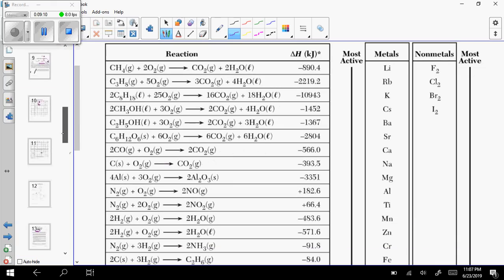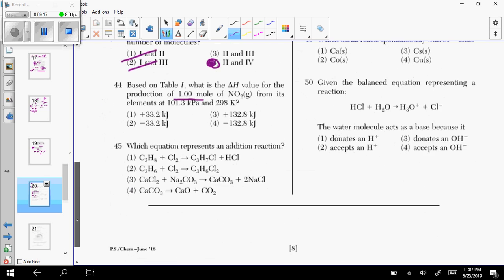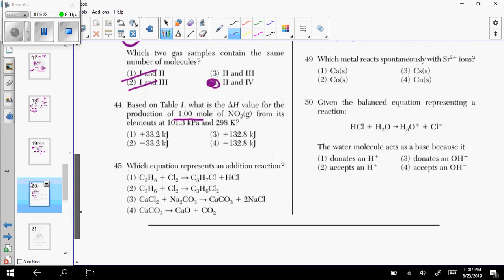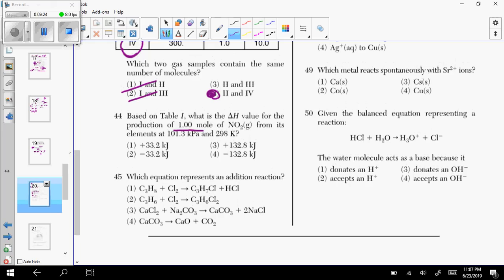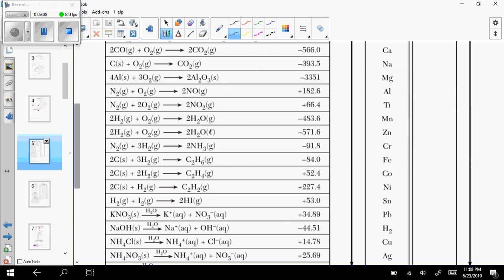All right, I gotta go look up this again because there's 2 reactions that have it. Okay, sorry, it takes a while to flip back and forth. So here's NO2 gas. I just had to make sure I was looking for the right one.